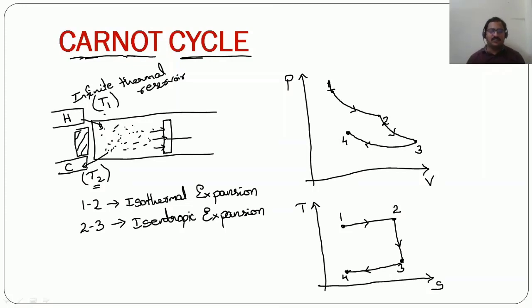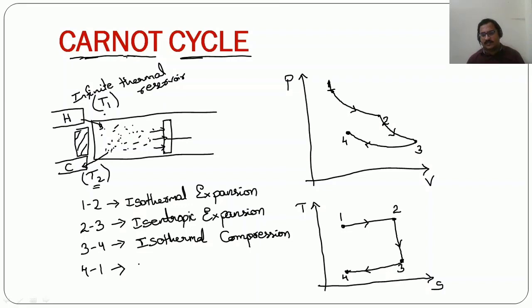Then again we need to remove this cold object and bring an insulation portion here such that this air gets compressed from 4 to 1 isentropically, because we have brought an insulation portion by removing the cold thermal reservoir.